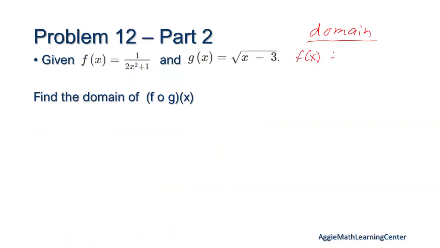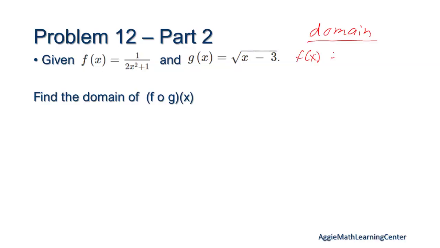there's nothing that's going to create a domain restriction in f of x. The one that we might think of is dividing by 0. But in this case, whatever x value you plug in there is going to get squared, so that value is going to be a positive number. And then you're adding 1 to it, and so there's no instances where you're going to get 0 there.